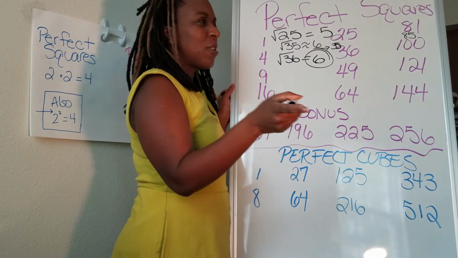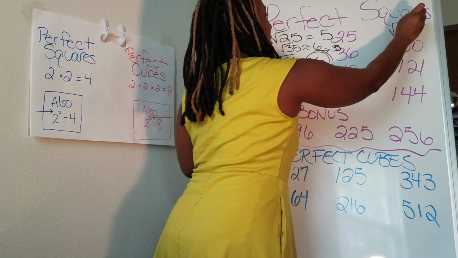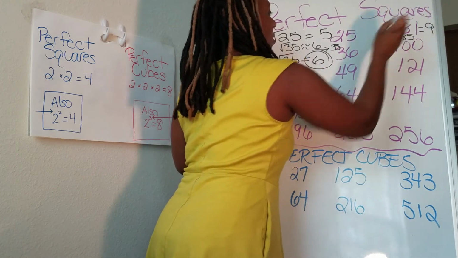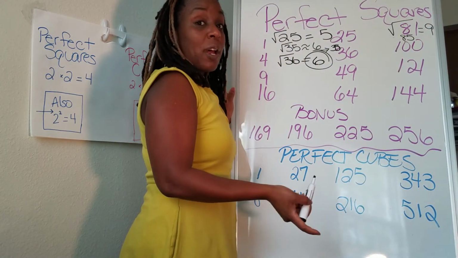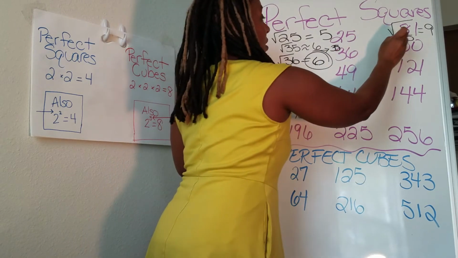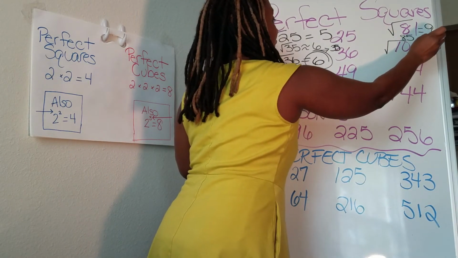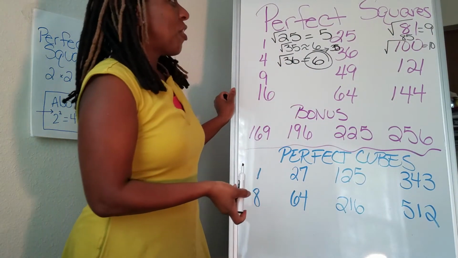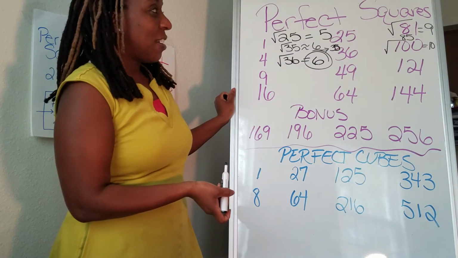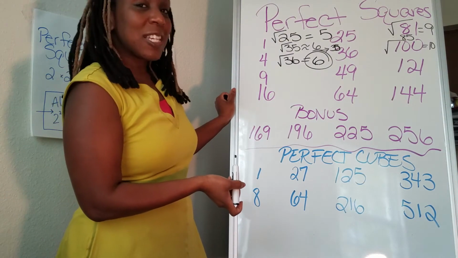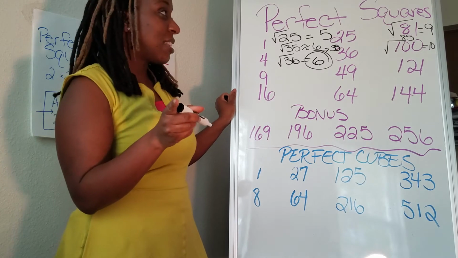What's the square root of 81? That would be 9. What's the square root of 100? That would be 10. So now I have to figure out the square root of 85. Is that going to be closer to 9 or closer to 10?